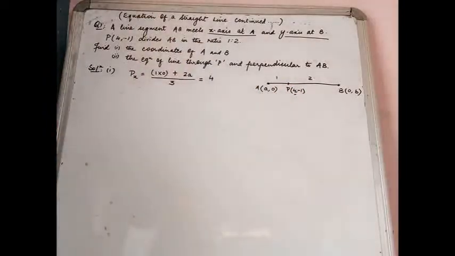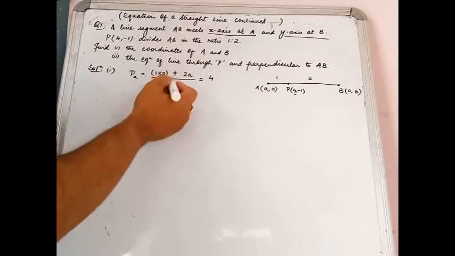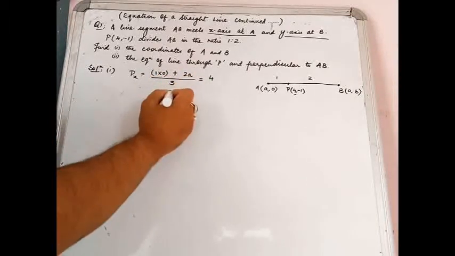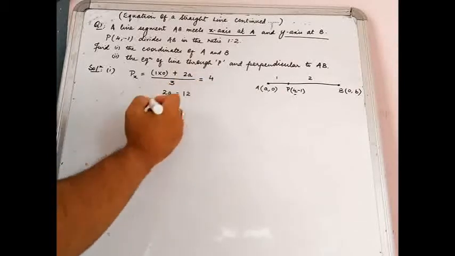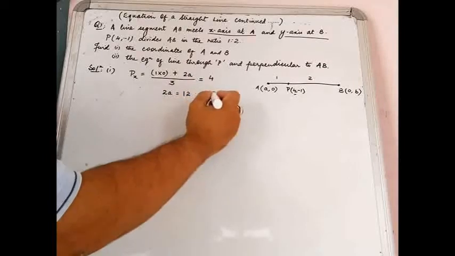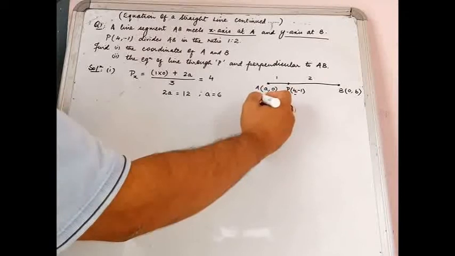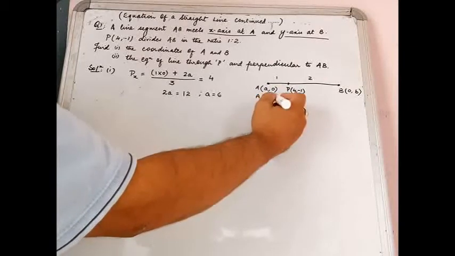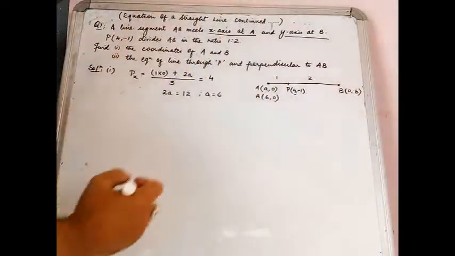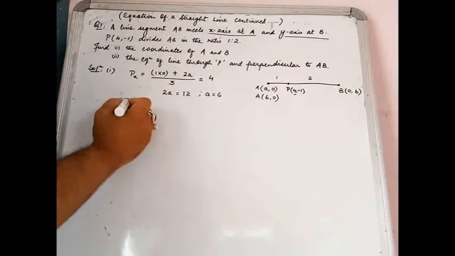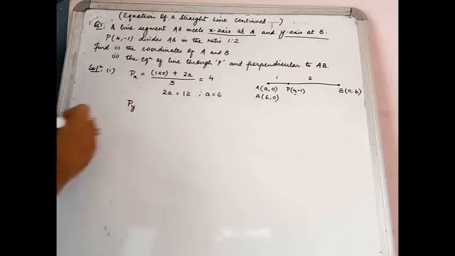Now cross multiply: 1 into 0 obviously gives 0, so you are left with 2a equal to 3 into 4, which is 12. Therefore the value of a becomes 6. That means point A is (6, 0).